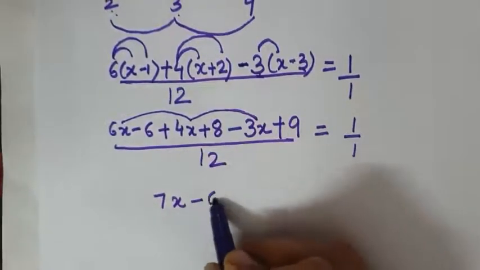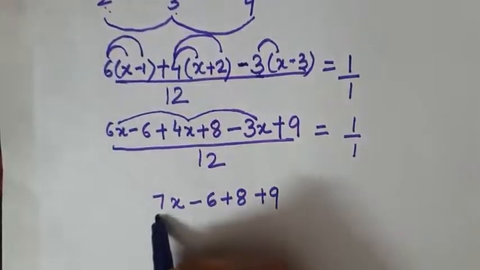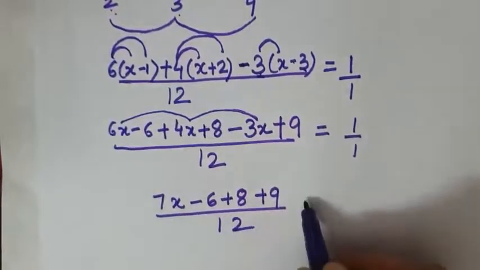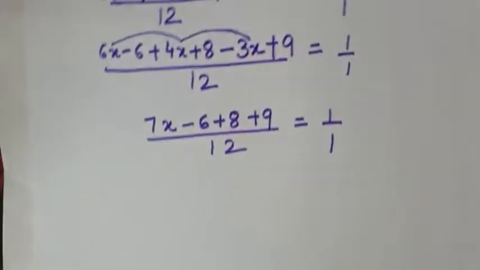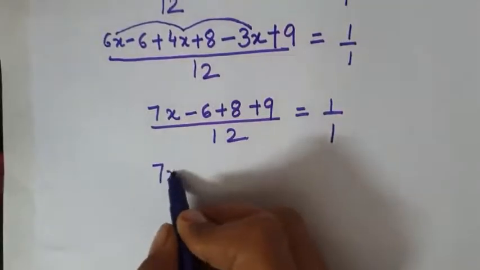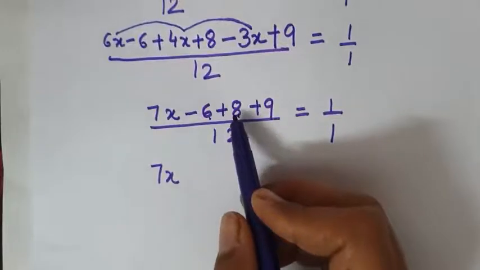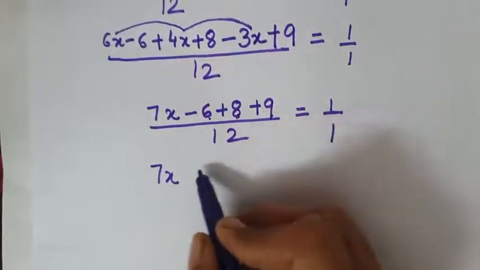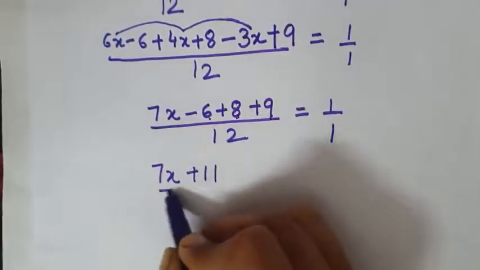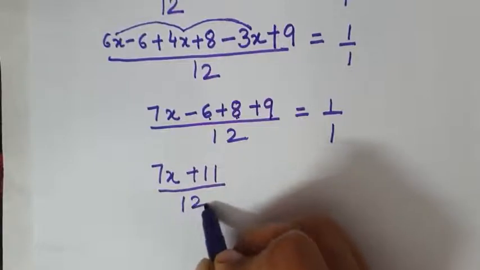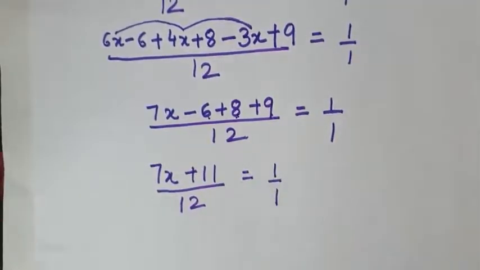Now we are left with minus 6 plus 8 plus 9 upon 12 is equals to 1 upon 1. Now minus 6 plus 8, 2. 2 plus 9, 11. So what will we write? 7x plus 11 upon 12 is equals to 1 upon 1.